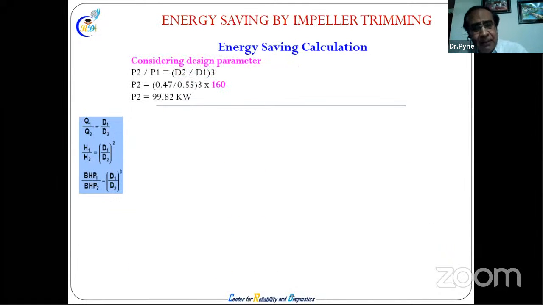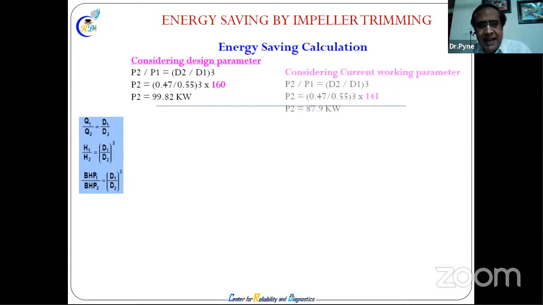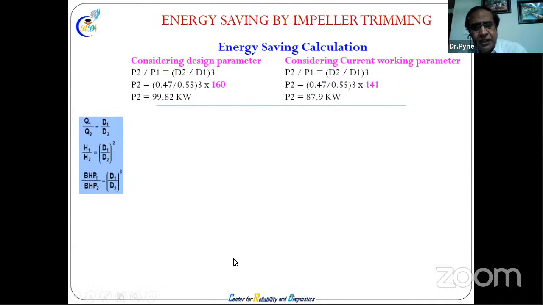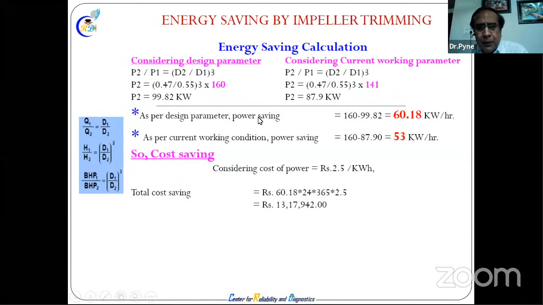Okay, so energy saving in that process: the initial design was this, the current working parameter is this. They're already getting less kilowatt, 141 kilowatt here and 99.8 kilowatt, and the current working pressure is this.